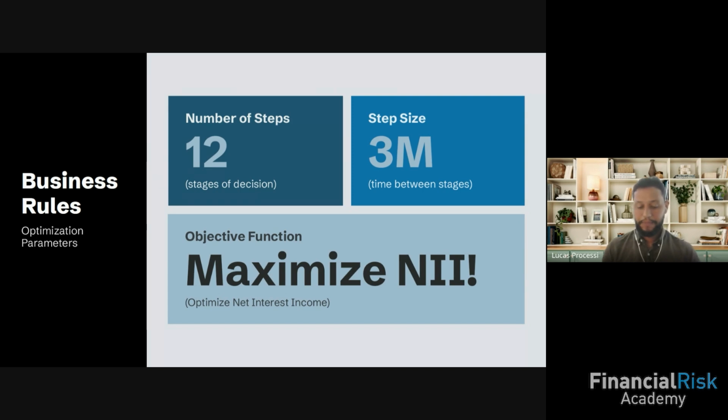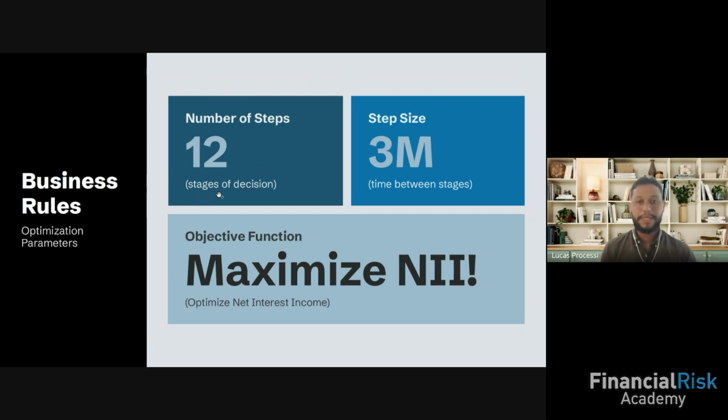In the objective function, we have a menu of different options. We could maximize NII, we could maximize growth of the asset side, we could minimize the cost of funds. These are only some of the options that we have. We can also work with a linear combination of those functions, and this linear combination can also vary over time because we have 12 steps of decision.